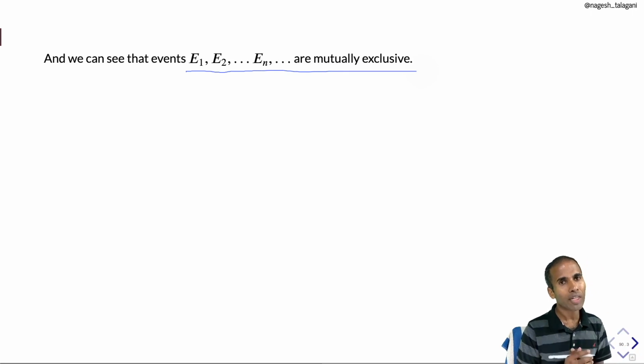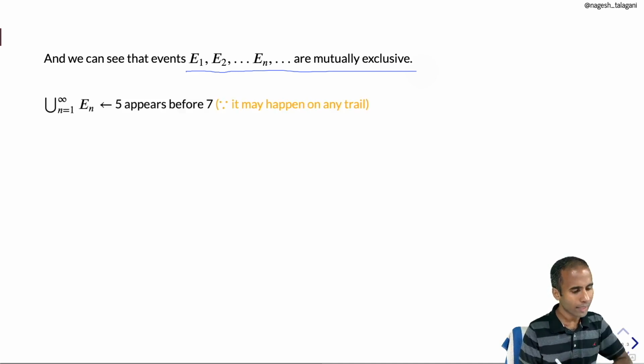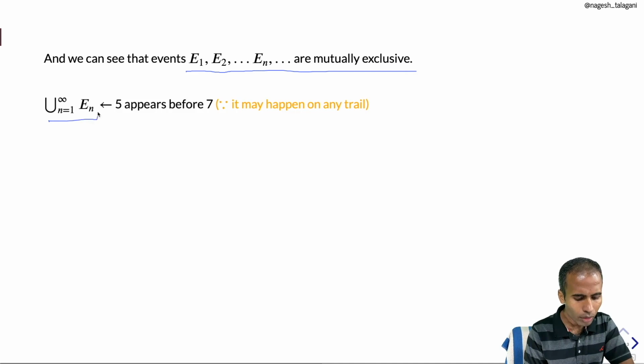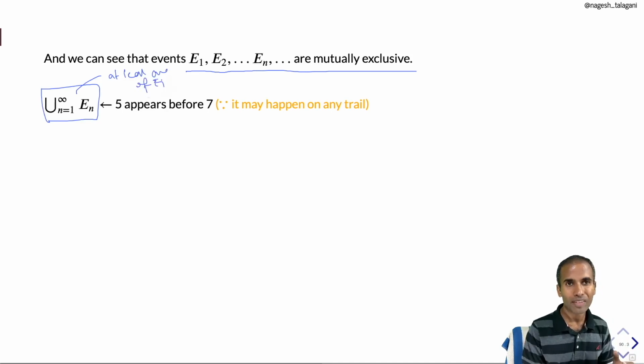Now our event of interest, 5 appears before 7, can be expressed in terms of E1, E2, E3, and so on, like this: the union for n equal to 1 to infinity of En. What does it mean? At least one of the Ei happening, that means seeing a sum of 5 for the first time before 7 on any trial.